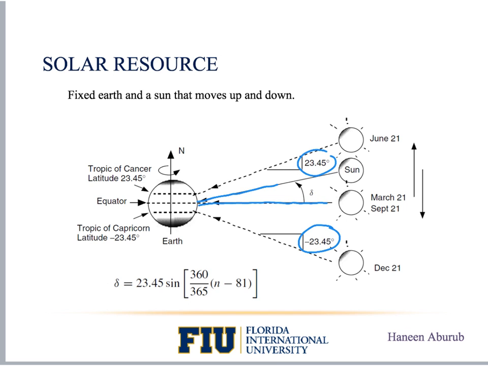A simple sinusoidal relationship that assumes 365 days in a year, and which puts the spring equinox on day 81, provides a very good approximation for delta, the solar declination.